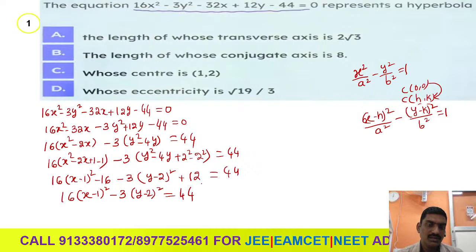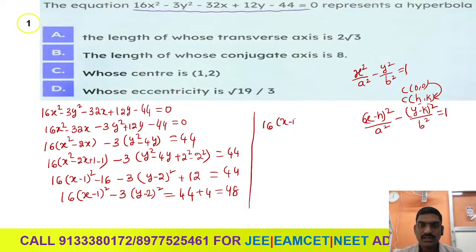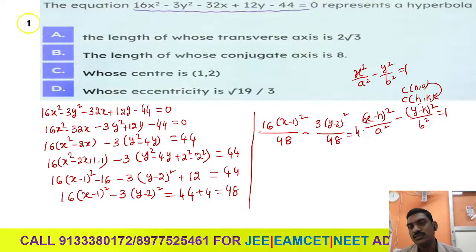Negative 16 plus 12 is minus 4, it will become plus 4, that equals 48. Then finally 16 times x minus 1 whole square divided by 48 minus 3 times y minus 2 whole square divided by 48 is equal to 48 divided by 48.